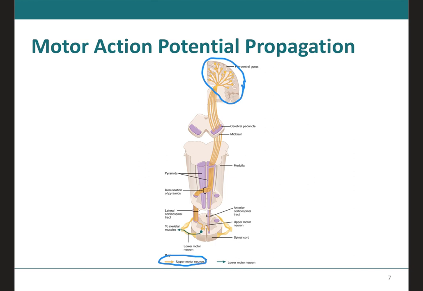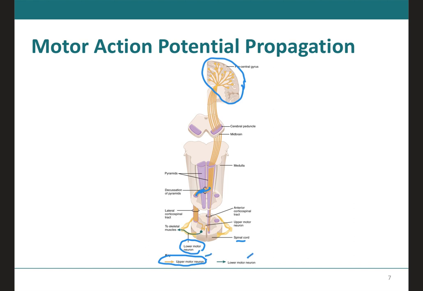And notice how most of these upper motor neurons will come down all the way to the level of the brainstem, and it will decussate at this level over here before it reaches the spinal cord. And once it reaches the spinal cord, it will synapse with another neuron, which is called the lower motor neuron. So here we only have two neurons, an upper motor neuron and a lower motor neuron.